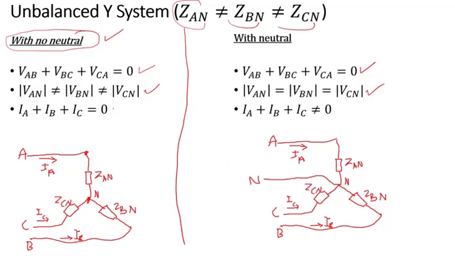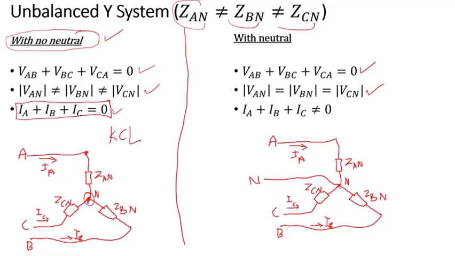Then the currents: when the neutral is not brought out, if you do KCL around the neutral node, the sum of the currents will be zero, because the current has nowhere to go.